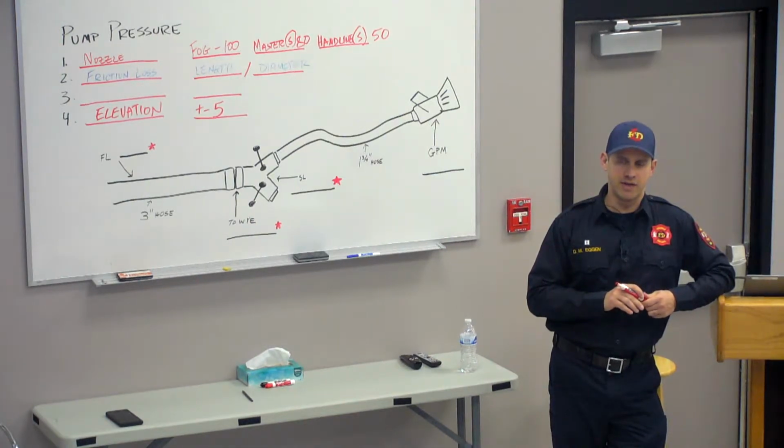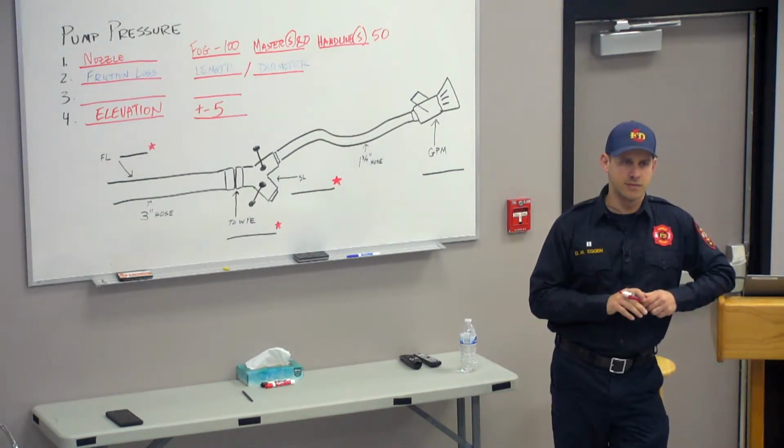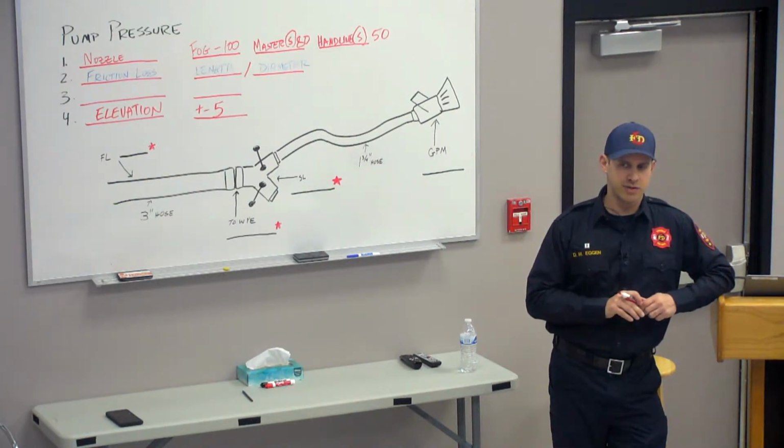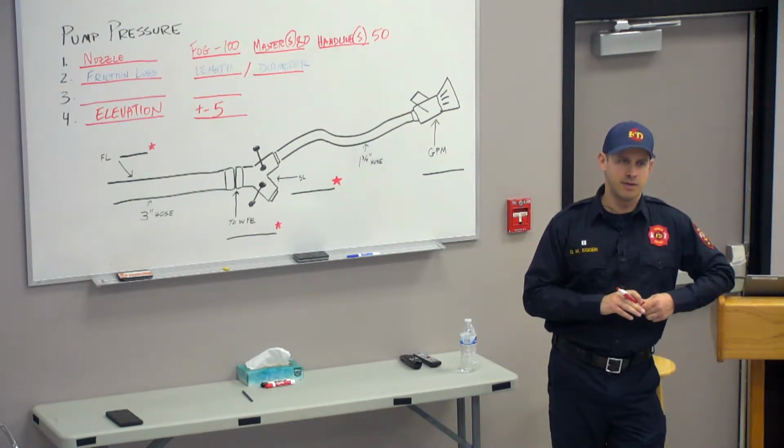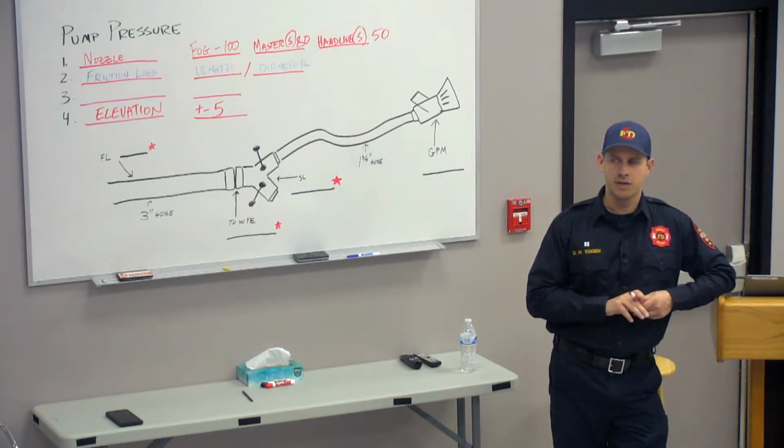What are some other areas within our city that we might have elevation issues that aren't just stories and buildings? Parking garages, yep. Where are you assigned at right now? 15s. Are you talking about Seneca Park? Yeah.